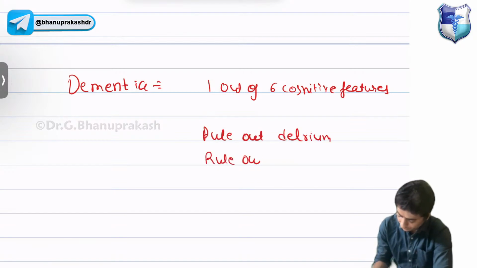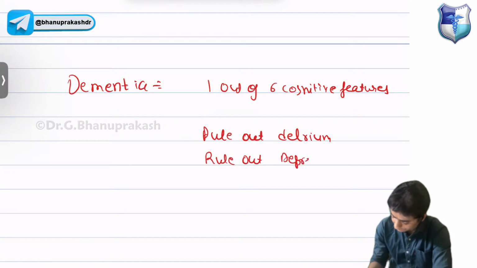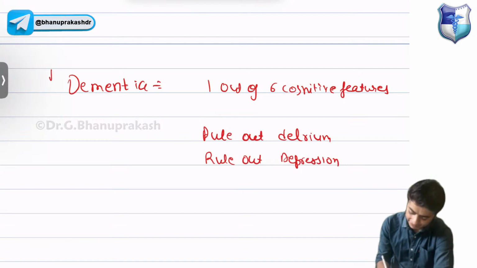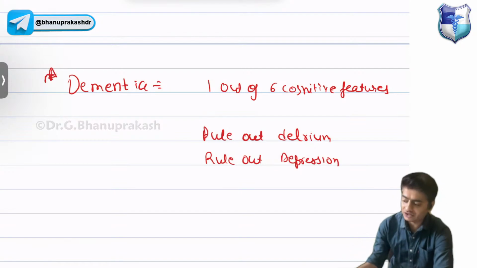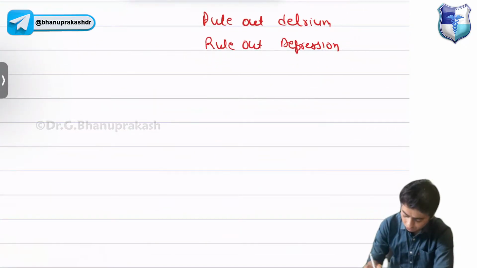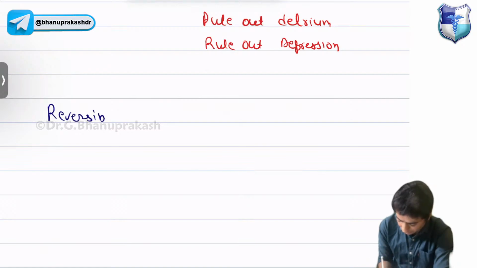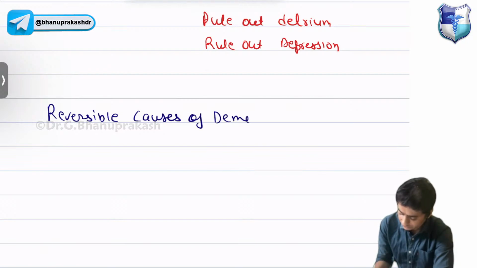Rule out depression. And then label this patient as dementia. And for any patient coming to you with a history of dementia, you have to also rule out the reversible causes of dementia.